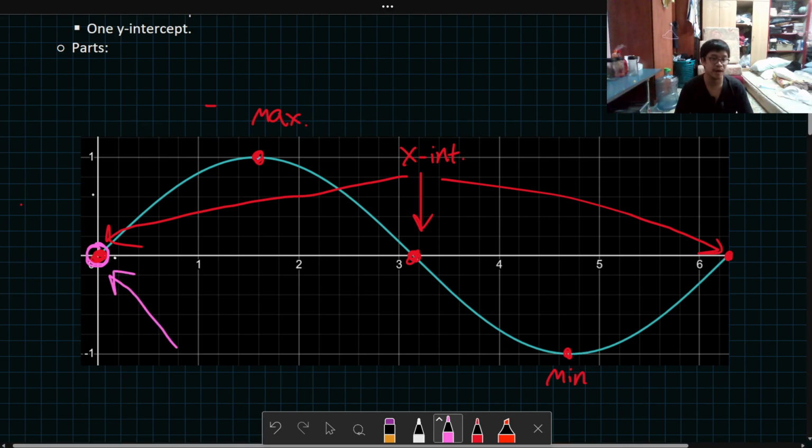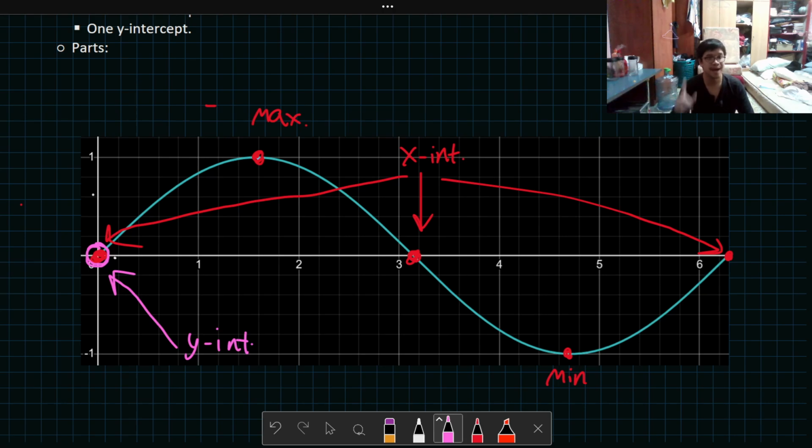Vertically speaking, this is your y-intercept. So again, maybe I'm explaining too much, but basically, the y-intercept is where the curve passes through the y-axis. On the y-axis, the curve only passes through here.